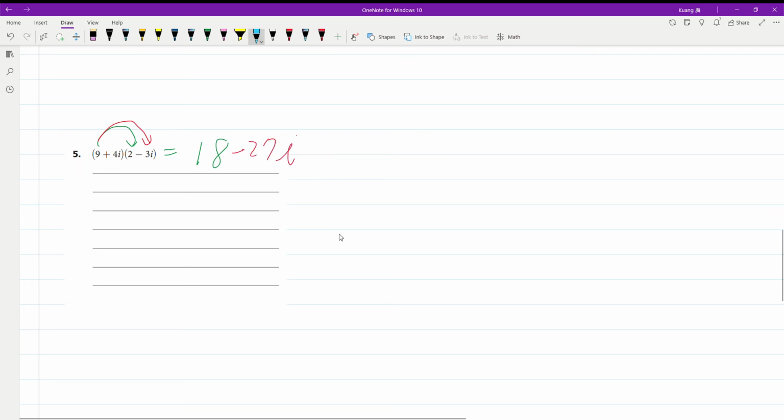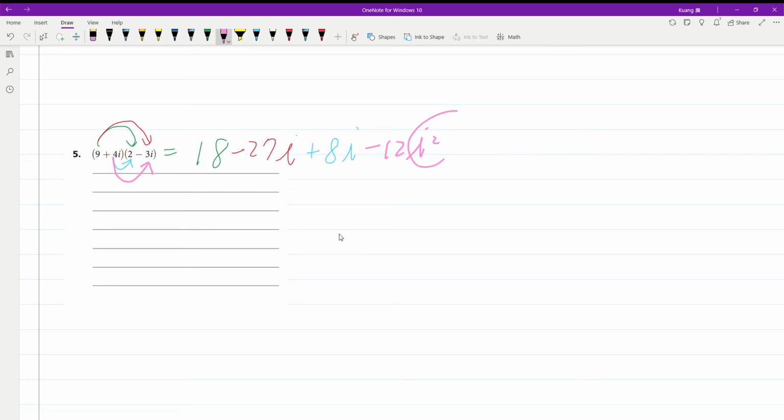And then positive 4 times 2 is plus 8i, and then 4 times negative 3 is negative 12i squared. The only thing different from x is, remember, i squared equals negative 1.